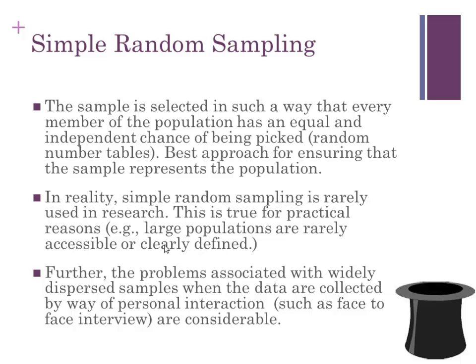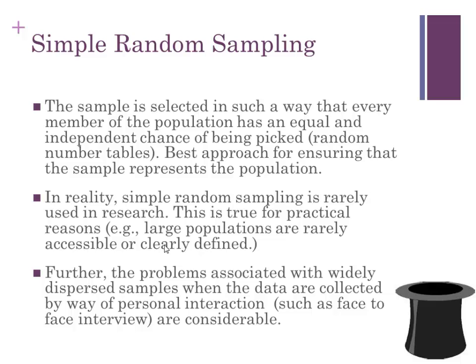And the idea of independence there, I said every member of the population has an equal and independent chance of being picked. What that means is if I'm sampling from a class of 30 people, let's say, and I'm going to do a random sample of 10 people. So I'm going to pick from that group of 30 people. Everyone in the class has a 1 in 30 chance of being selected, right?